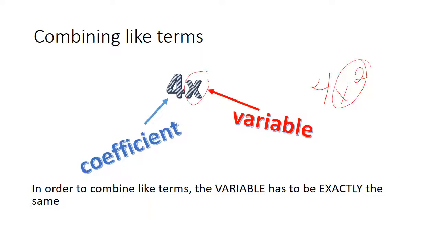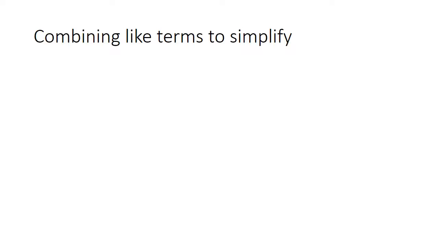Your variable has to be exactly the same in order to combine them. So we're going to be simplifying some expressions here by combining like terms, and just remember, in order to combine, your terms have to be exactly the same. The variable has to be exactly the same. Same letter, same power.